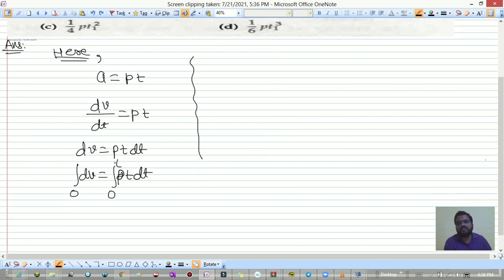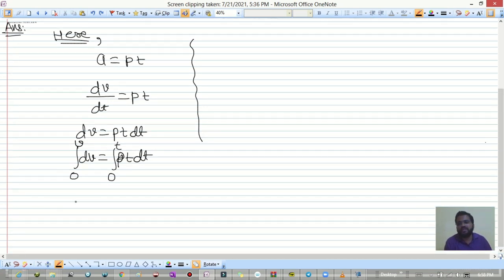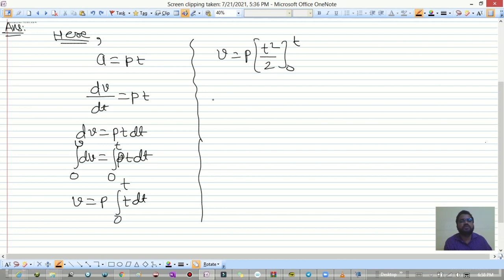At time t is equal to t, velocity is v. So v is equal to p integral t dt from 0 to t, so we have v is equal to p t squared divided by 2.